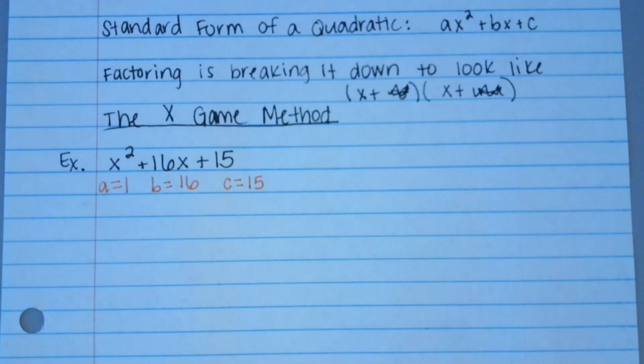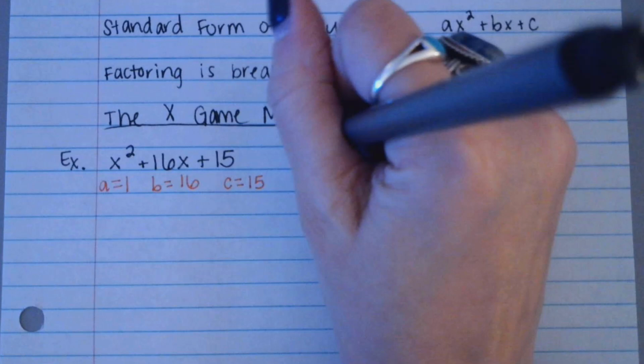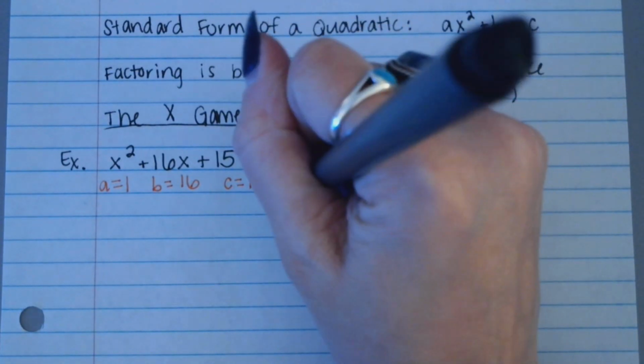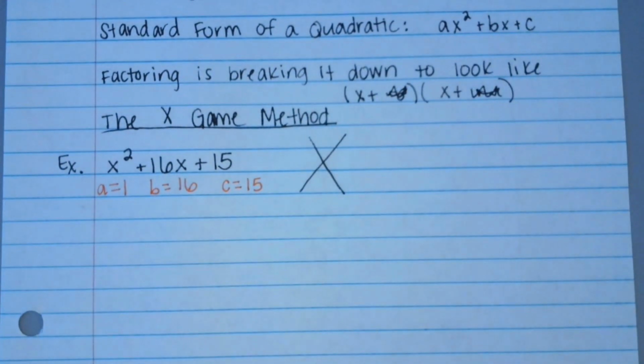This is important to know because we use our b and c values for the X game method. And the reason we call it an X game method is because we are going to draw a big X. This is similar to when we did the box method and I made you draw the boxes. Now I'm going to make you draw the X's.